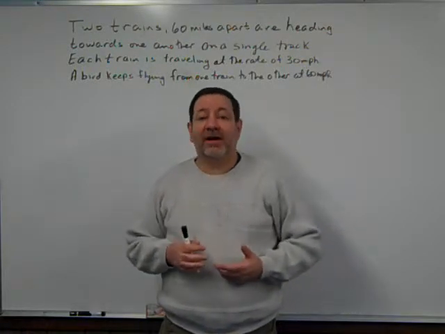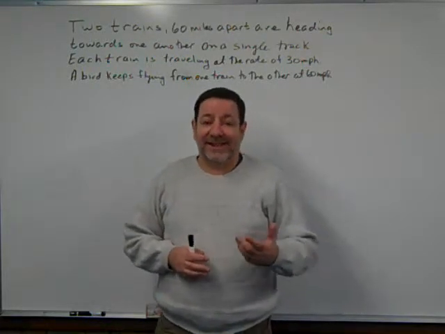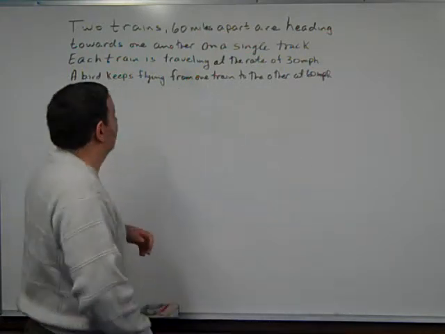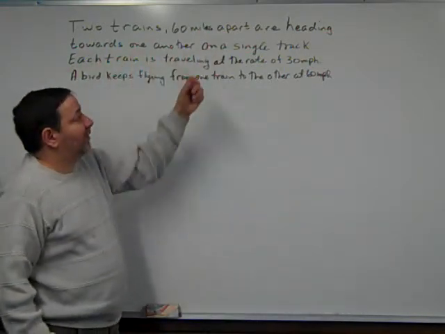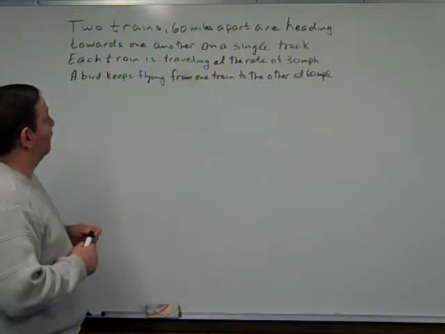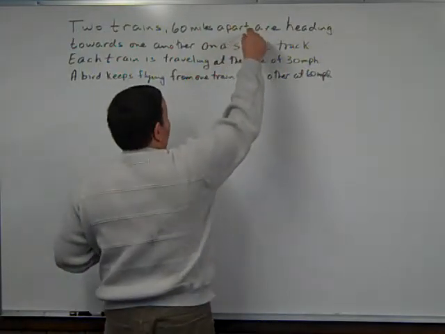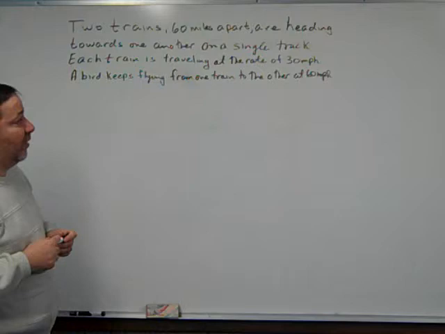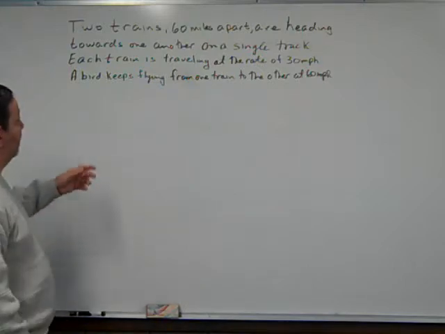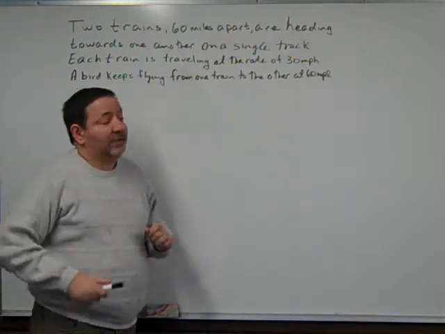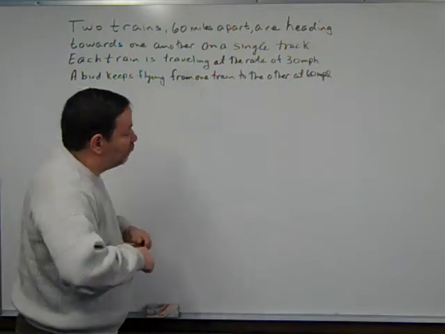Behind me, I have a problem written down. It's a very classic problem. It goes on to say that two trains are 60 miles apart and they are heading towards one another on a single track. Each train is traveling 30 miles an hour.